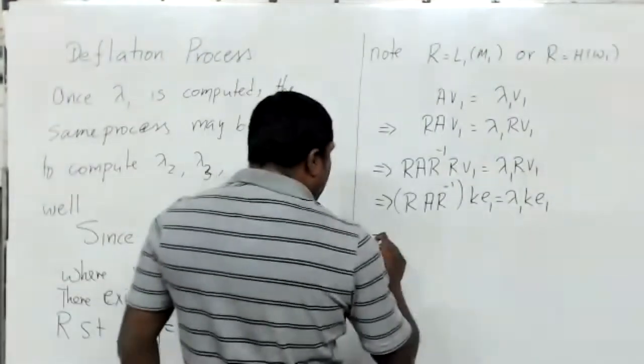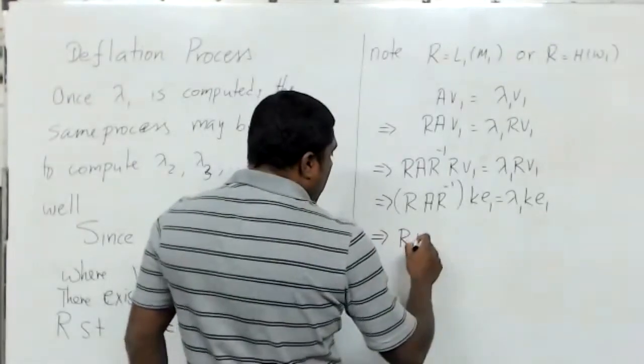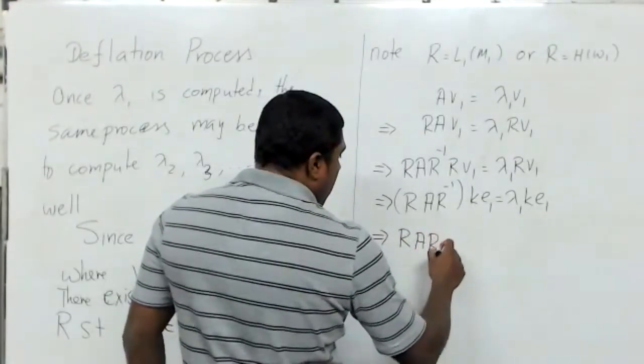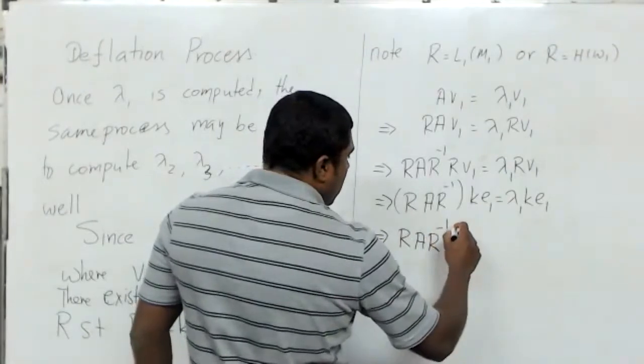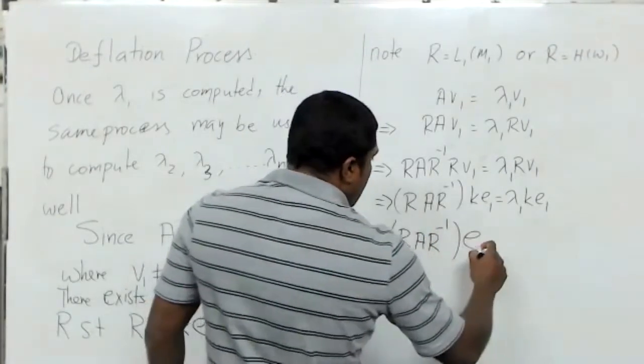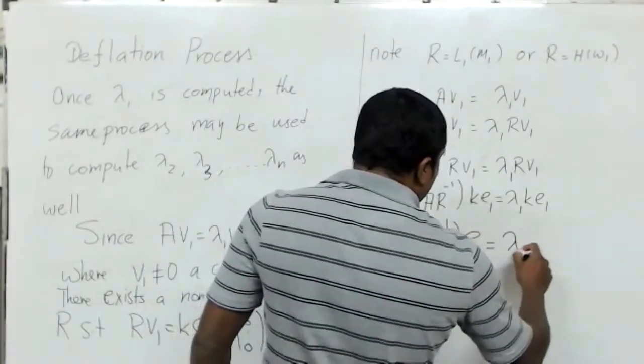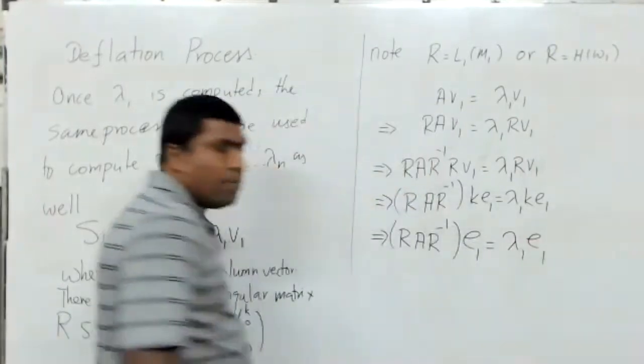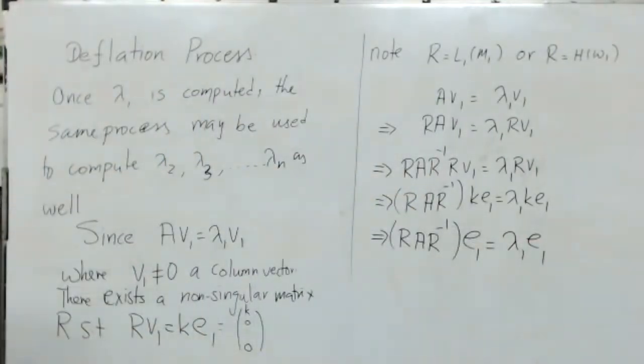So what I have is r A r inverse times e1 is going to be lambda 1 e1.